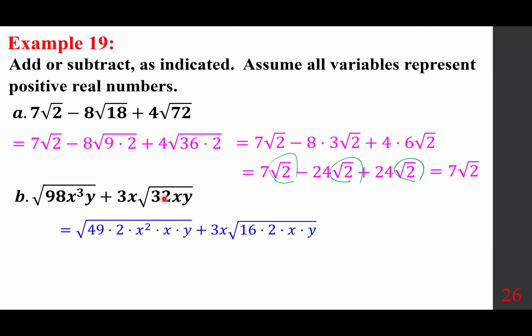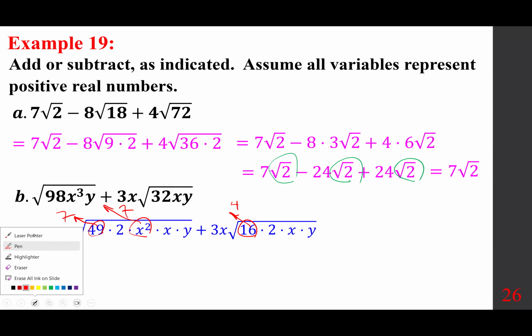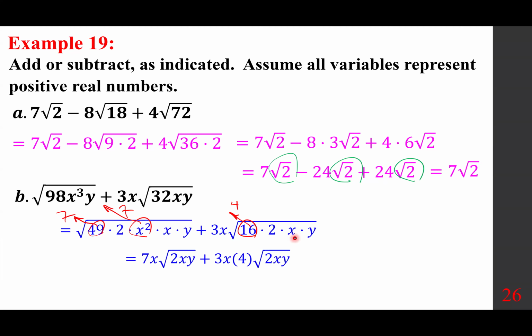So if you write it in this fashion, here's what happens. 49 comes out as 7. X squared comes out as x. 16 comes out as 4. What about the rest of it? Notice what's in there. What remains is 2xy, in this case, the same thing.